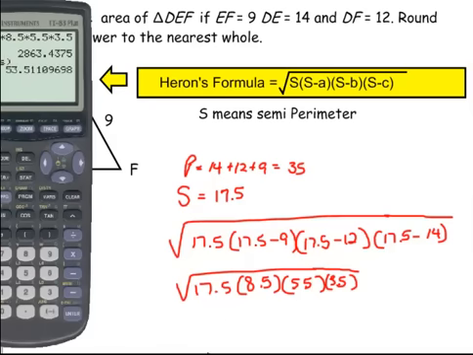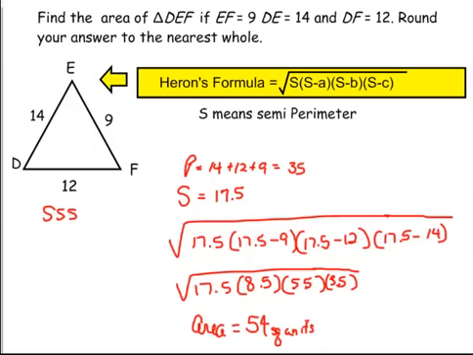So my area right here, and I can round it to the nearest whole, is 54 square units if we want to get really particular, because area is always in square units. Done.